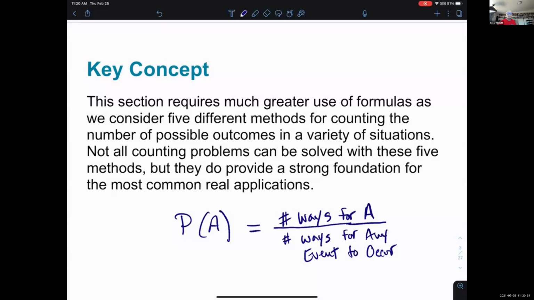When you're counting up the ways that something can happen or that anything can happen, that's where the counting techniques come into play. So a simple example where we wouldn't need to use formulas: I'm going to draw a number from a bag that has the numbers from 1 to 100 in it. So there are 100 tiles with the numbers from 1 to 100 on them, and I'm going to pull a number. I want to know the probability that I get a number that is 10 or less.